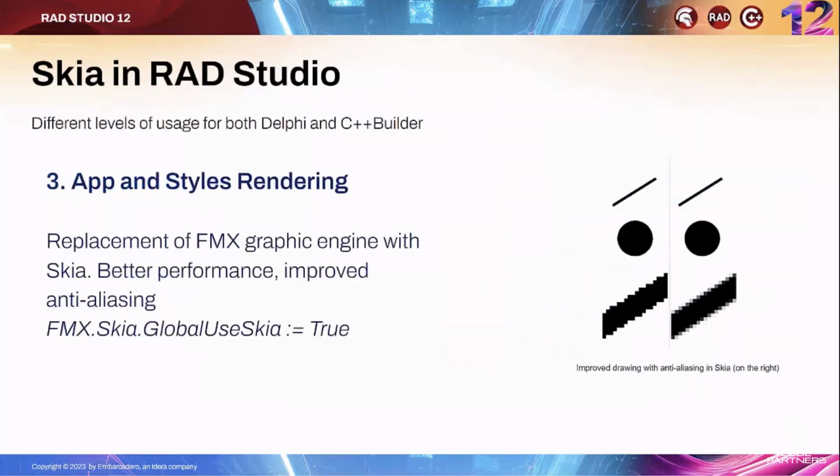The third way to use Skia in RAD Studio is just to say, hey, use Skia for the styled UI controls. As you know, FireMonkey primarily uses styled controls, so turn on the global use Skia setting in FireMonkey.